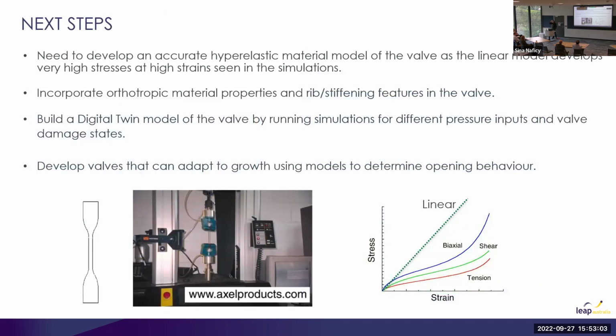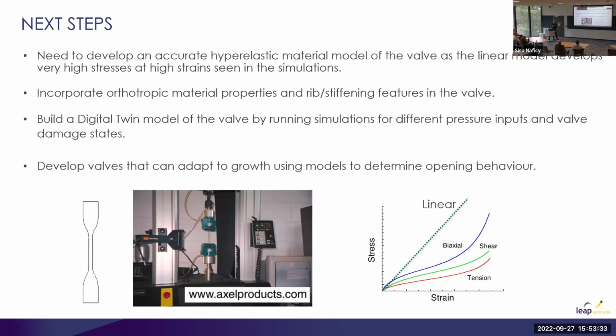Right, so the next steps, better material models. So we need to take everything everyone said earlier today and then integrate that into an accurate material model for the next step. And that'll be a combination of things like fancy hyperelastic material models, orthotropic material models, also localized reinforcement.